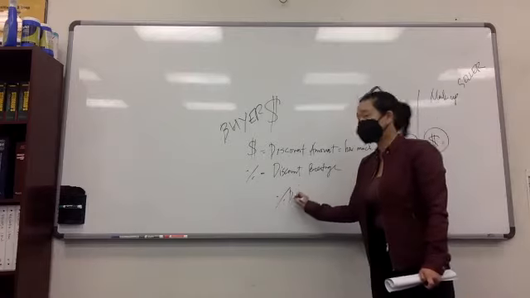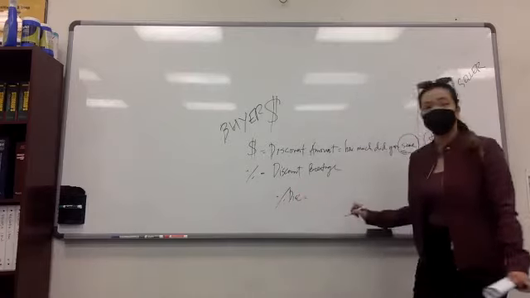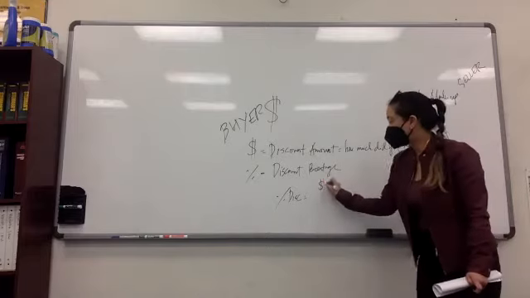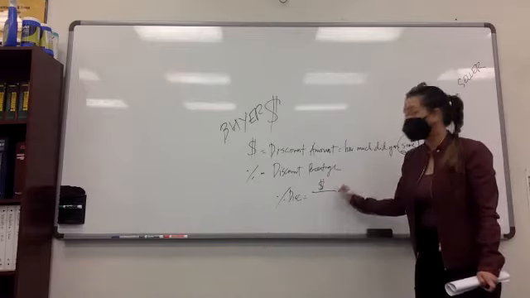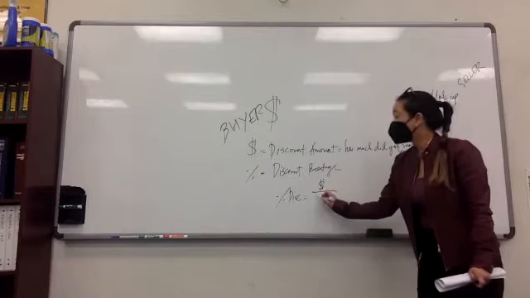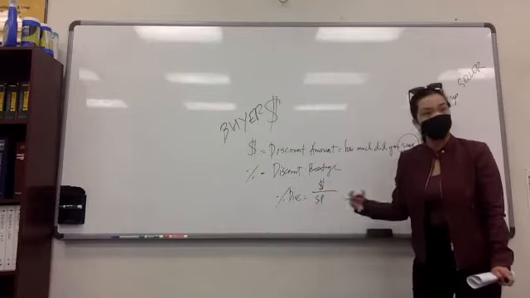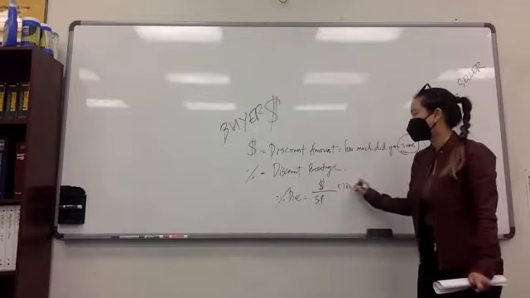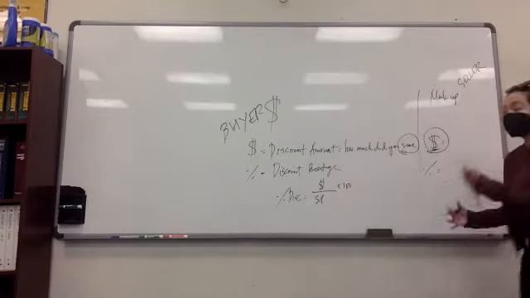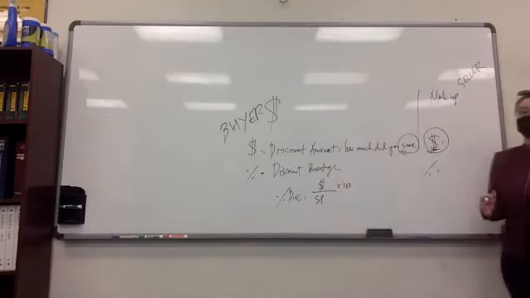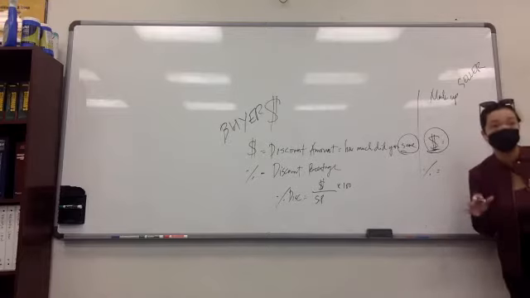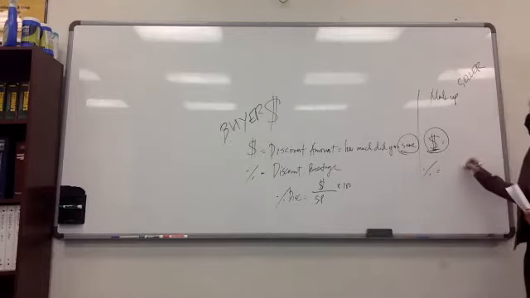Percent discount is what? The discount amount in dollars over the selling price, because you know the selling price as a buyer, times 100. Any follow? Go back here, because your test will have a lot of this. That's why I wanted to clarify again today.